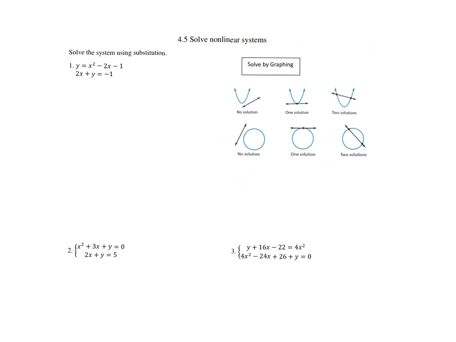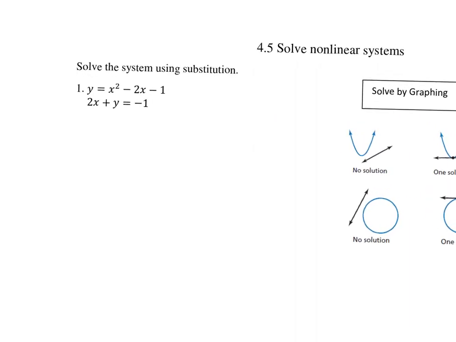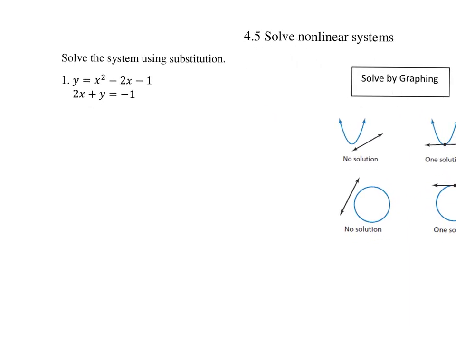Okay, but moving on, we're going to start by doing substitution, and trying to solve this system. And so I'm noticing I do have a parabola and a line. So I'm going to go ahead and put in this piece for the y, because it's already in y equals form for us.